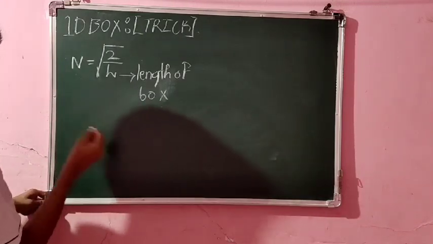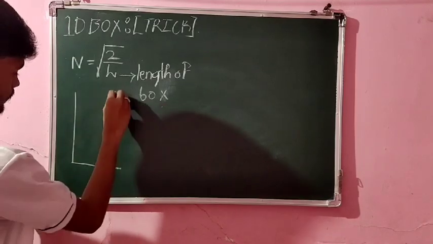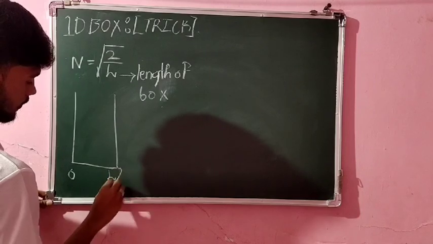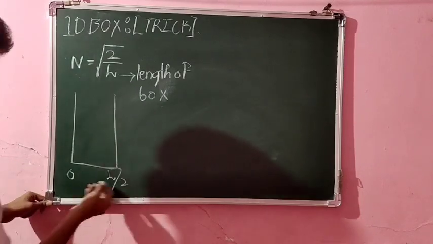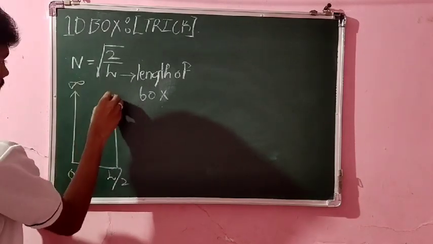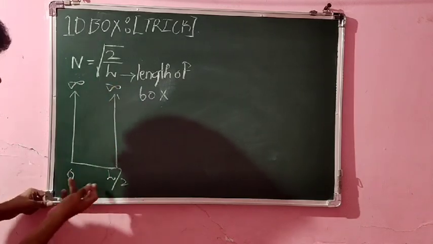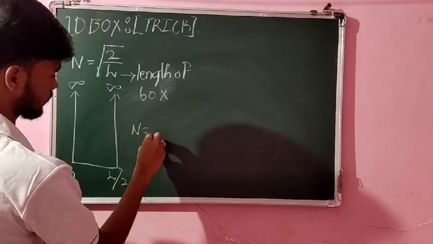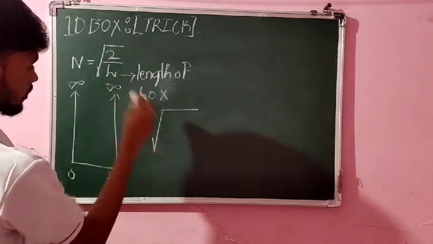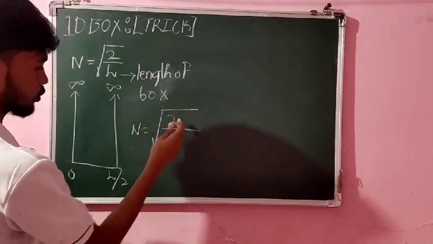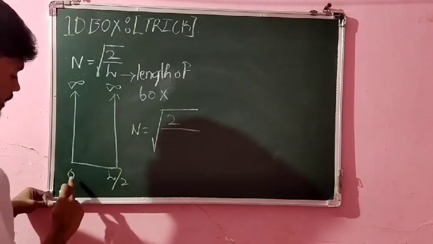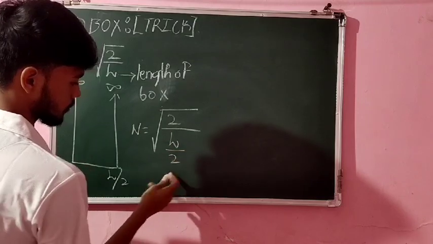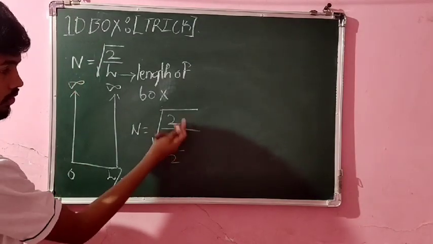Let's take one example: a box from 0 to L by 2, with infinite potential. You have to find the normalization constant for this 1D box. Using the trick, under root 2 by length. Here the length is L by 2, so I can send this 2 to the numerator.